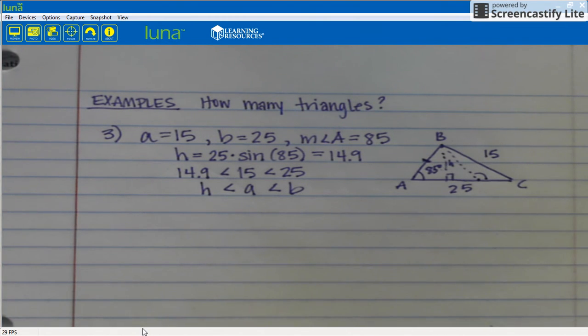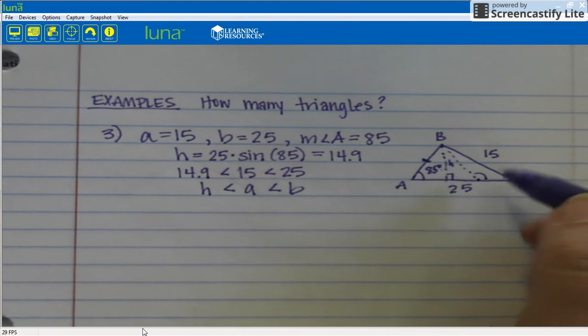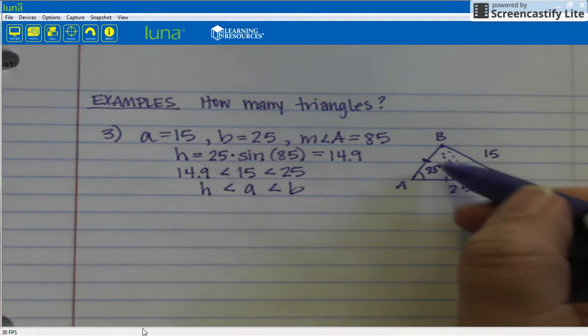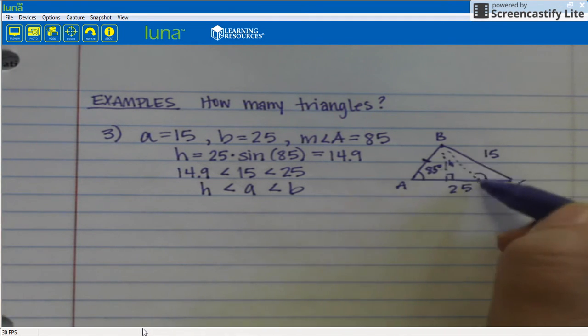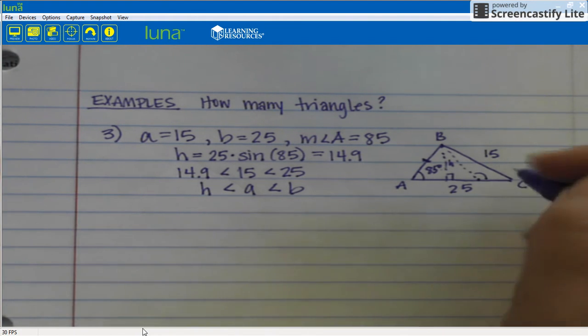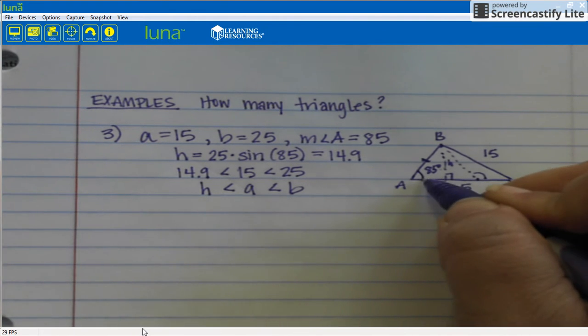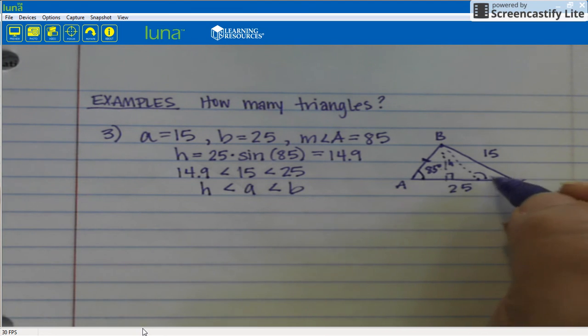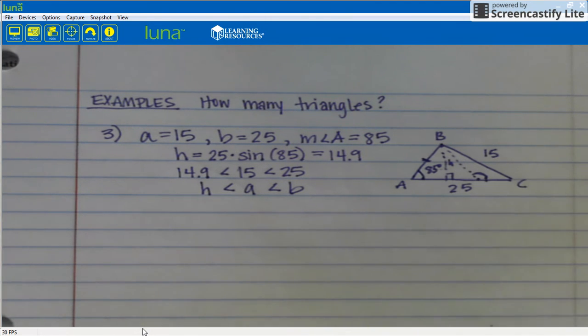And so what would vary is going to be the length of your side B, but your angle on this side is going to remain constant. So you could have two different triangles. You have this acute triangle with an angle of 85 degrees, or you could potentially have the obtuse triangle that has an angle of 95 degrees inside it.